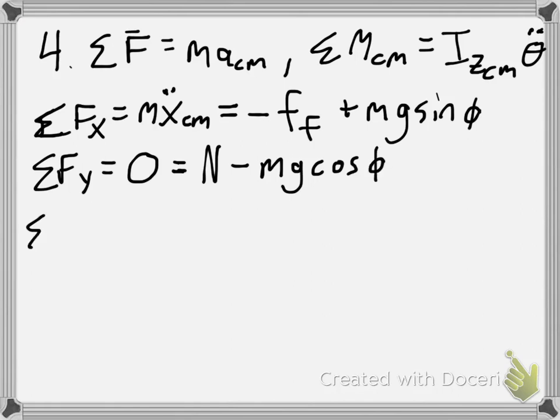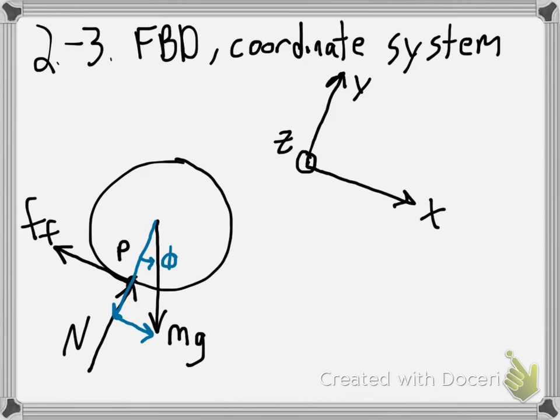Then I do my sum of moments about the center of mass equals Iz, center of mass, times theta double dot equals, what are my moments? Right, the only moment is caused by the friction. The normal force, the line of action of the normal force passes through the center of mass.